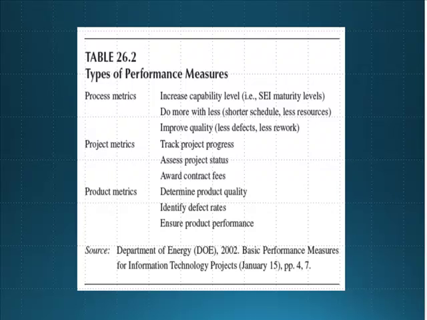If it's project metrics, it's the same as we talked about in class: how to track project progress, how to assess your status, and from a procurement perspective, how we're going to award contract fees. If it's product metrics, then how we determine product quality, how we identify defect rates and define defects, and how we can ensure the product's performance.